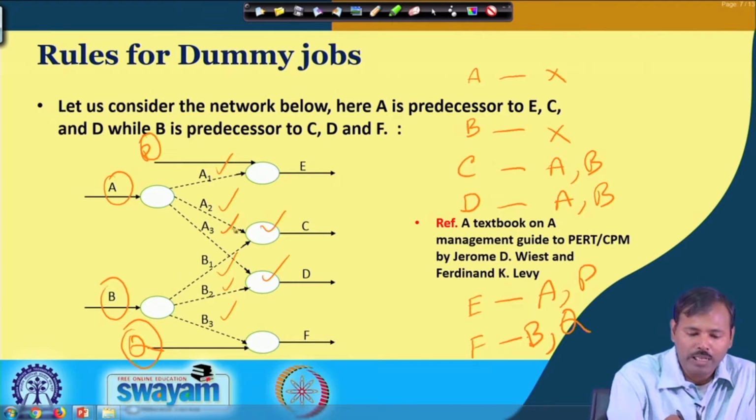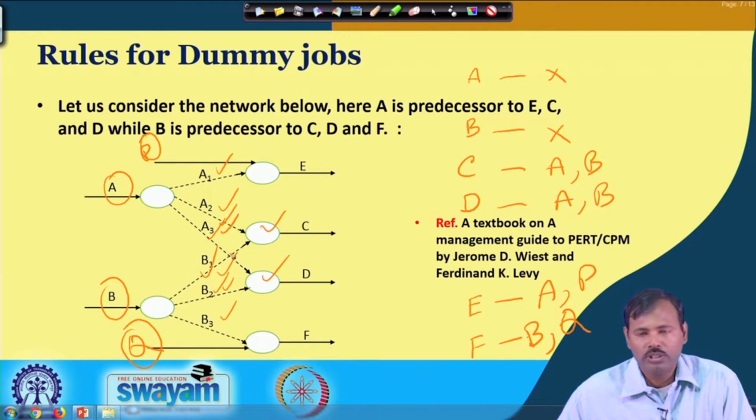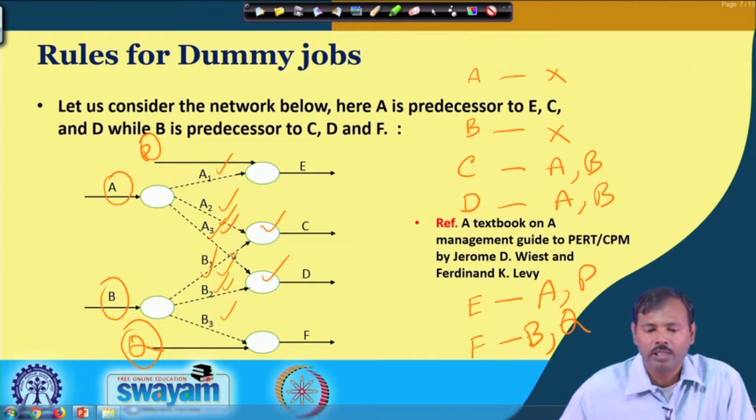So, we can replace A2, A3, B1, B2 with a common joining point from which the C and D can be coming out.